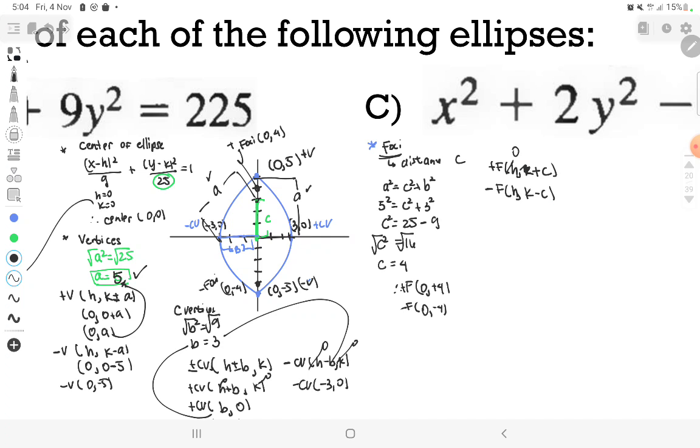So since my h is 0 and my k is 0, that's why we have written our positive f as 0 and the value of c, which is equal to positive 4, and negative f is 0 and negative the value of c. Noting that this is true for a vertical ellipse. If you would use the horizontal, therefore the coordinates would interchange. So this will be our positive foci and negative foci. Notice that they are here.